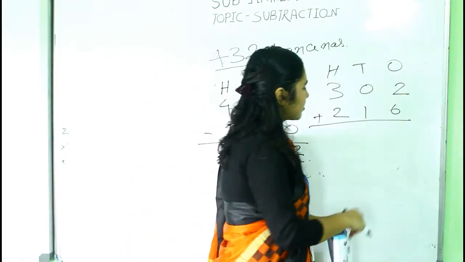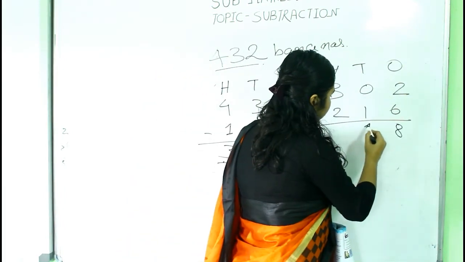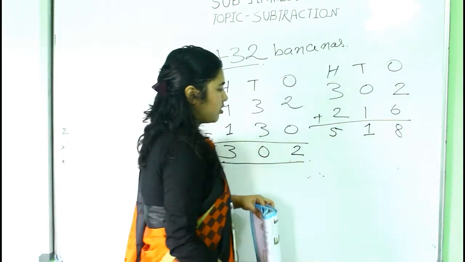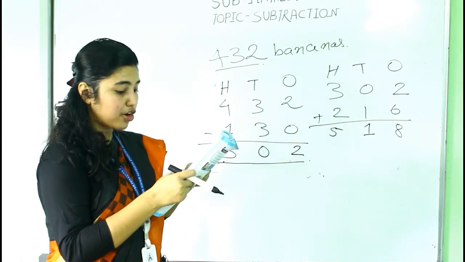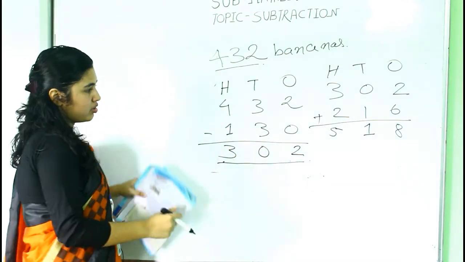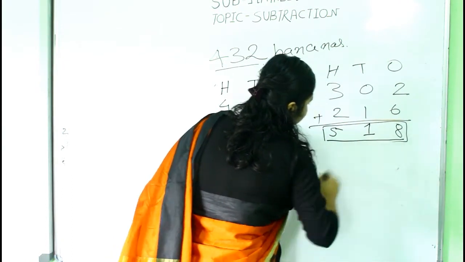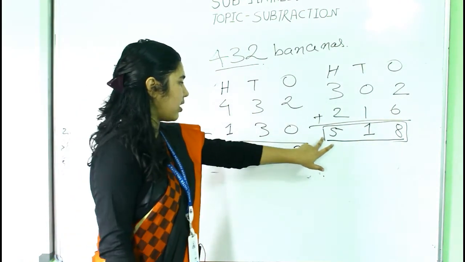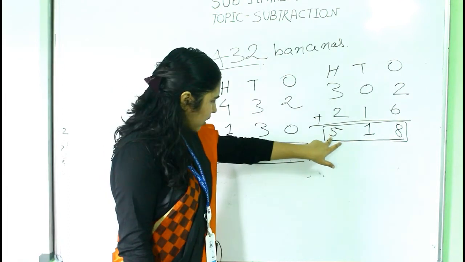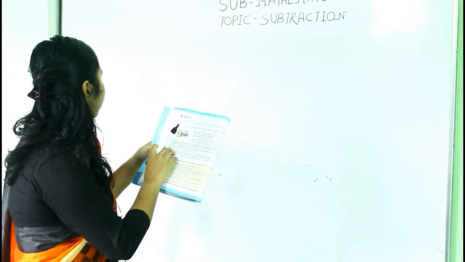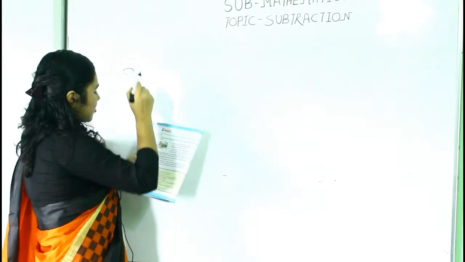Two plus 6 is 8, 1 plus 0, 1 and 3 plus 2 is 5. So now how many bananas are left now? So now mother has 518 bananas.